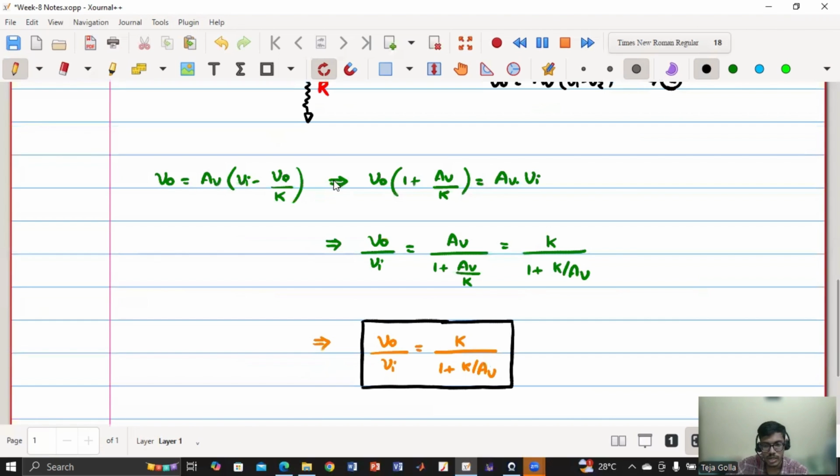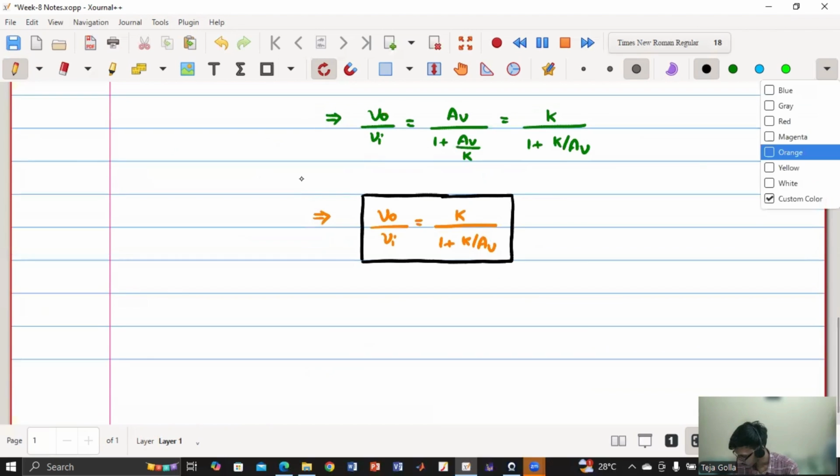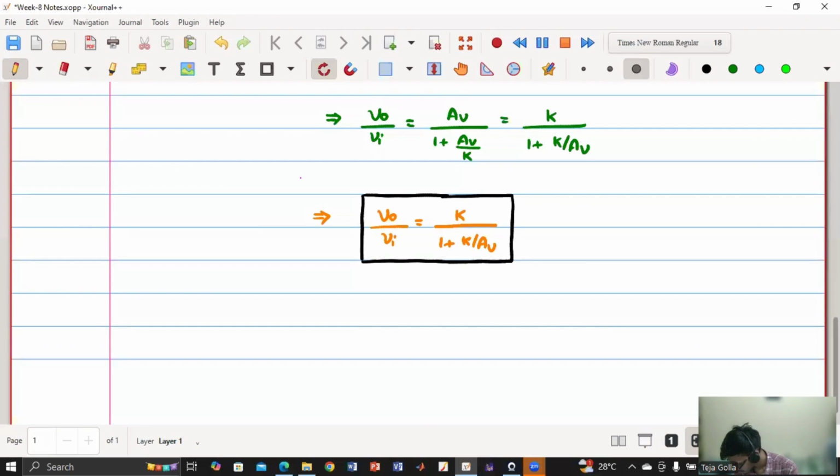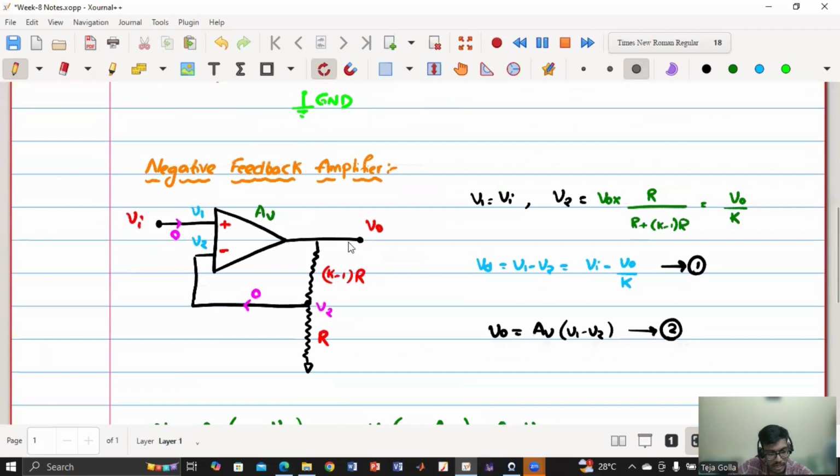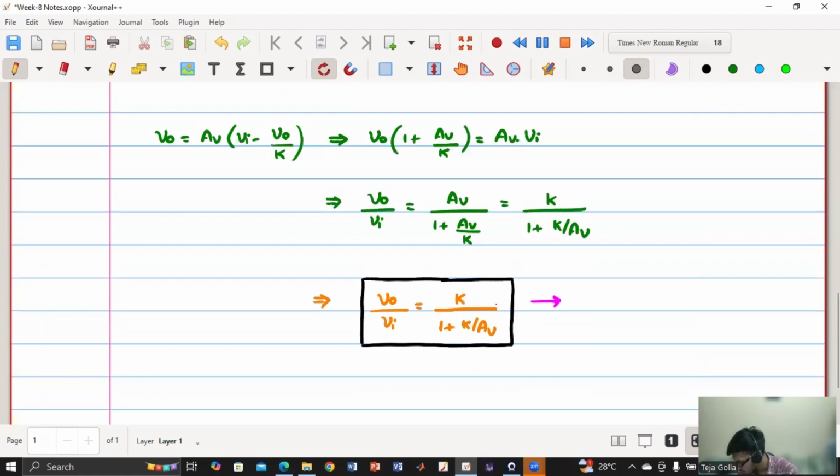If you have any doubts, you can stop me at this point and ask. This is the gain of the amplifier. The actual gain is AV, but here we have connected a circuit in some manner, so the gain is changed, and this is the gain of the circuit that we have considered. Is it clear until this point?